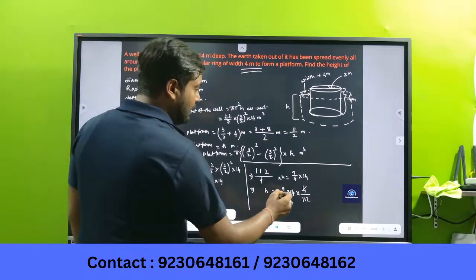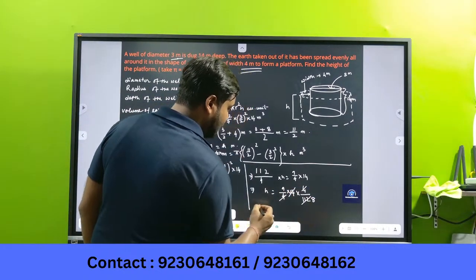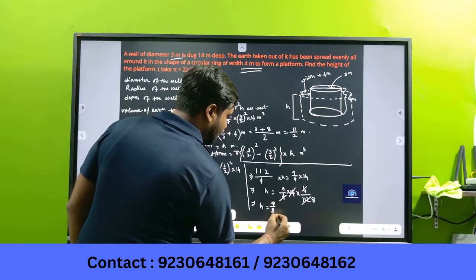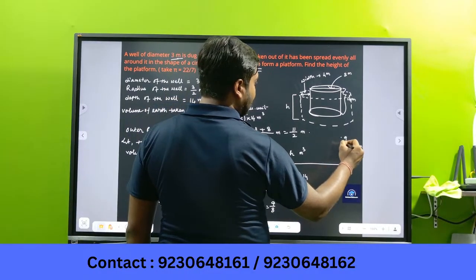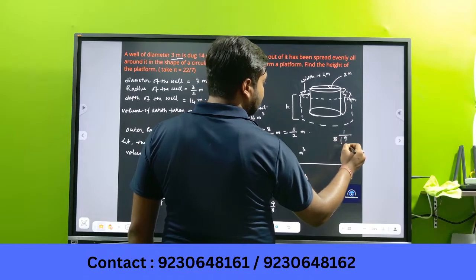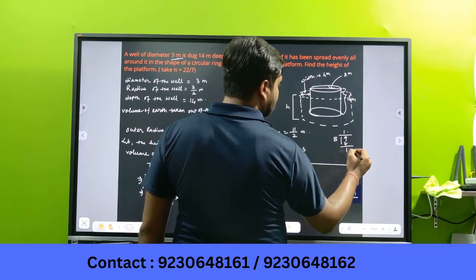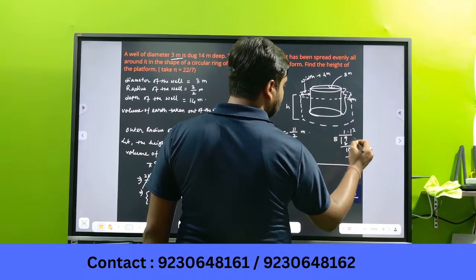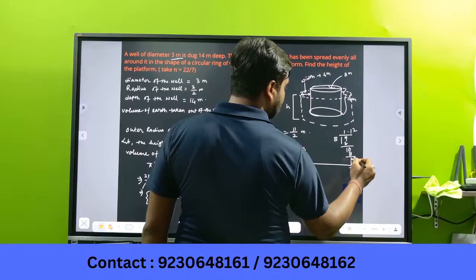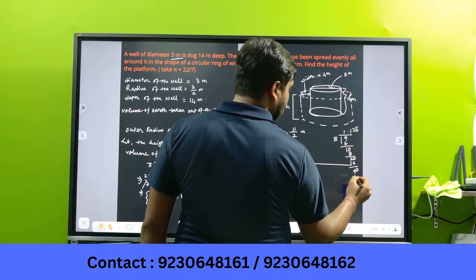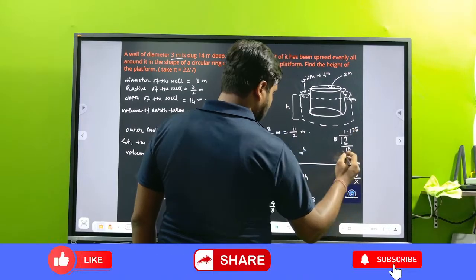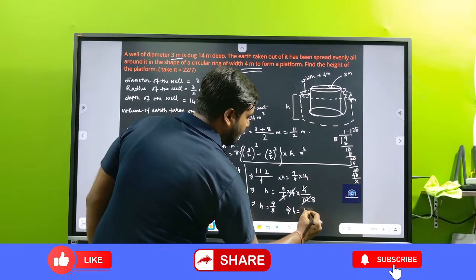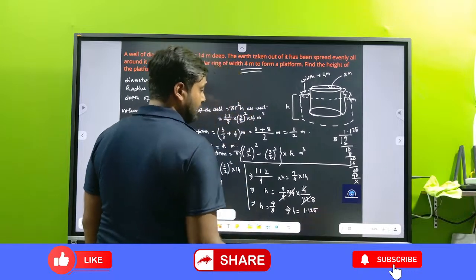So h equals 9 by 8, and after dividing 9 by 8, the height of the platform will be 1.125 meter. So the answer will be 1.125 meter.